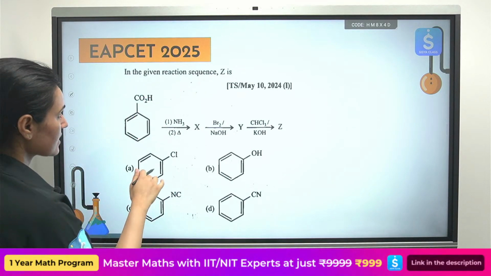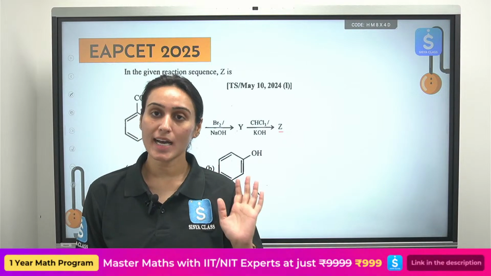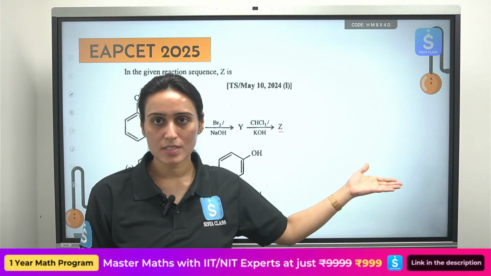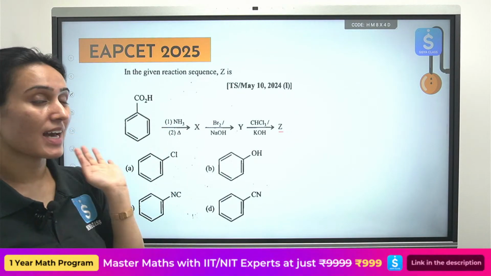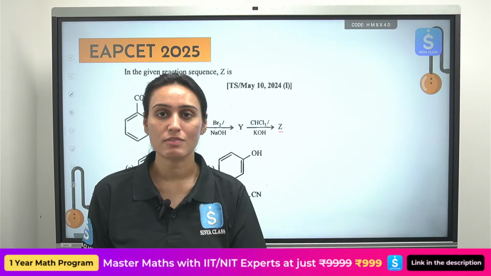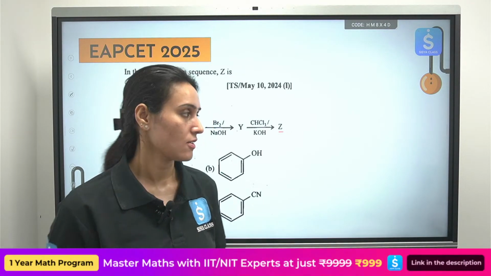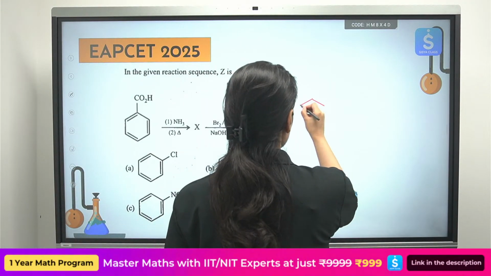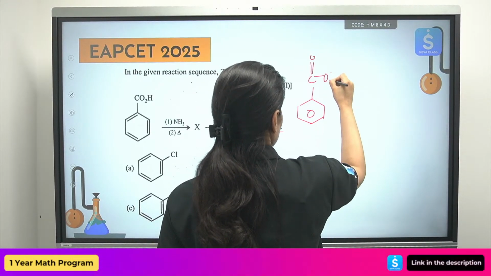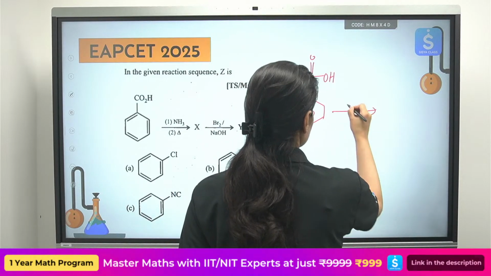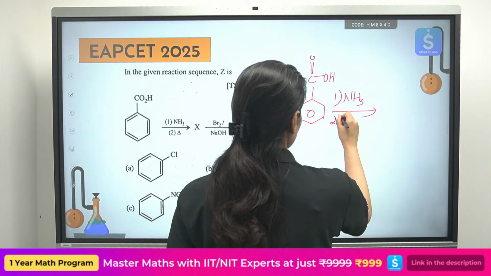In the given reaction sequence, they have asked you 3 different products here. You want to solve for Z, you have to know X and Y, obviously. What are we doing in the first step that we have done in the very first reaction also, if you remember? Carboxylic acid, the substitution, and you will form the amide. So this is the reaction sequence. We are preparing the derivative of carboxylic acid. Which derivative?